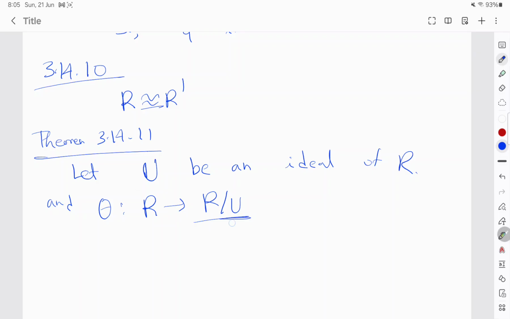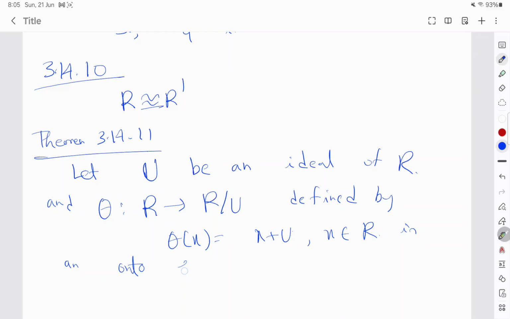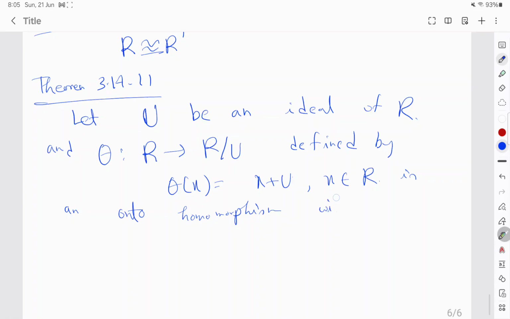Because U is an ideal, and the quotient ring concept we have already discussed earlier. Defined by theta of x equal to x plus U, for x belongs to R, is an onto homomorphism with kernel U.